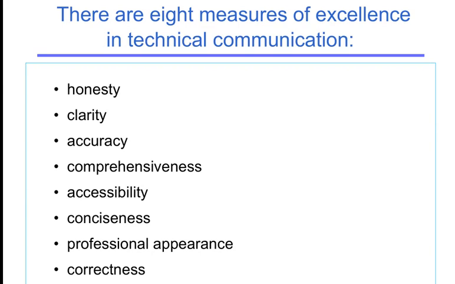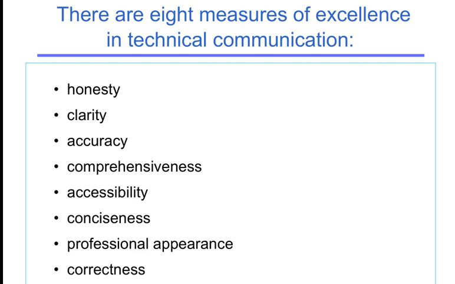There are 8 measures of excellence in technical communication: honesty, clarity, accuracy, comprehensiveness, accessibility, conciseness, professional appearance, and correctness. These measures of excellence are the way that I'm going to evaluate your work.